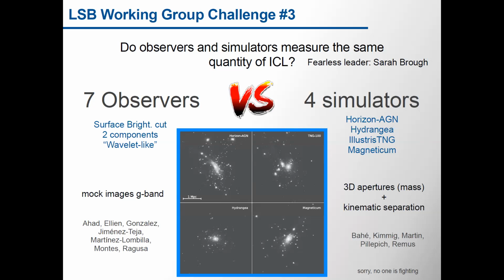We have 4 simulations: Horizon-AGN, the Hydrangea clusters, LSST TNG, and Magneticum. With these simulations, we came up with mock images, so we 7 observers can use our definitions of intracluster light, and we will compare with what the simulators are measuring.